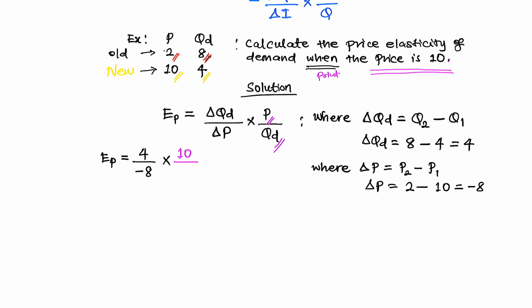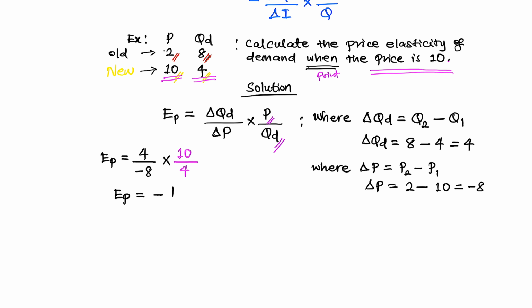We go back to the table and look. When the price is 10, we can see that the corresponding quantity demand is 4. So 10 divided by 4. The consistency has to be kept. It is very important. Doing the calculation, price elasticity of demand is 4 divided by 8 is negative.